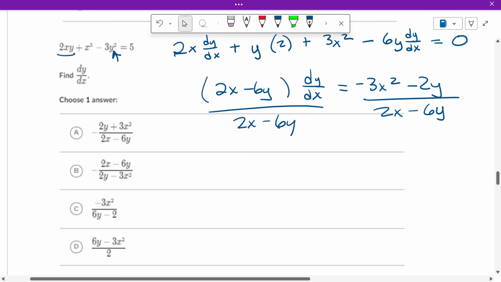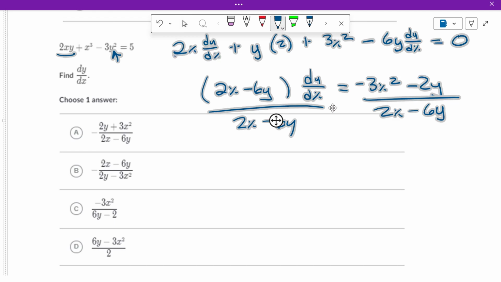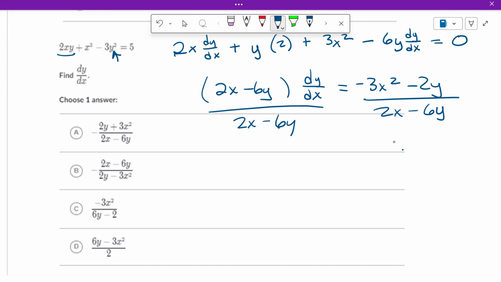Oh, I see what happened. They pulled the negative 1 out on the top. I was going, none of these match, but this one does. Because if you pull out a negative 1 on the top and put it out front, that one matches. Okay, we good?